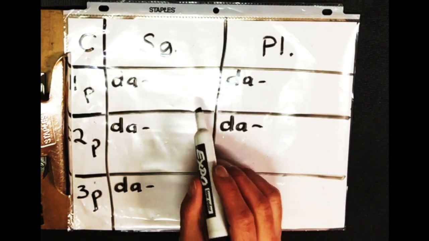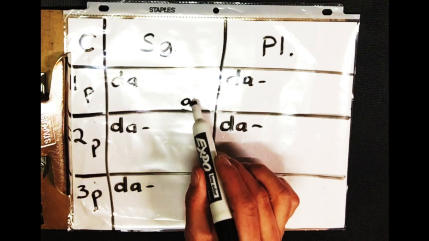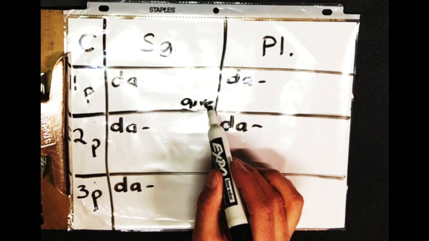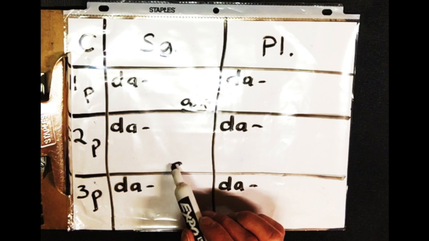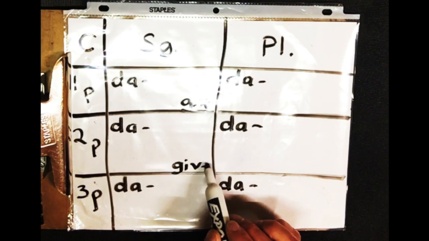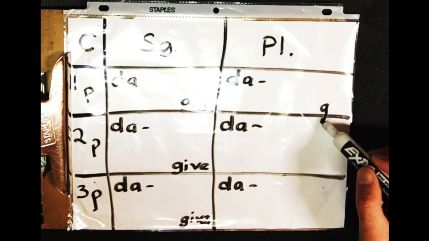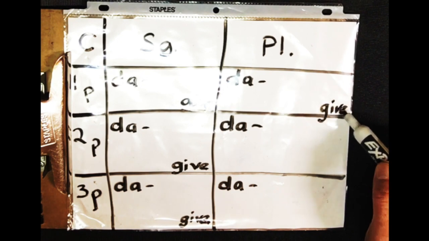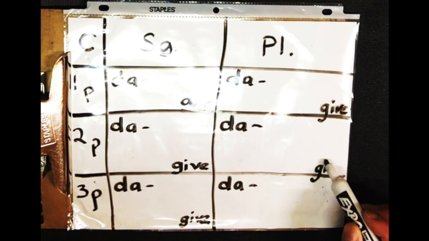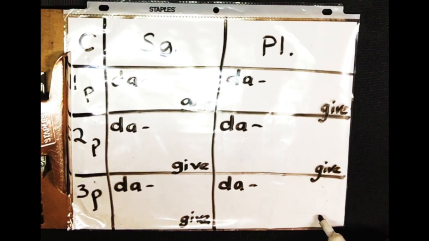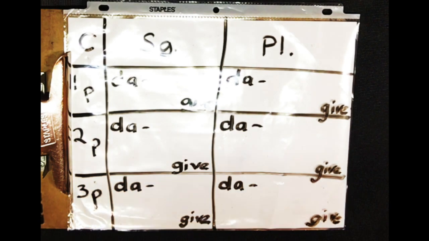So, we're writing the basic meaning give, kitty corner. Now we have the stem and the basic meaning. It's time to add the endings.